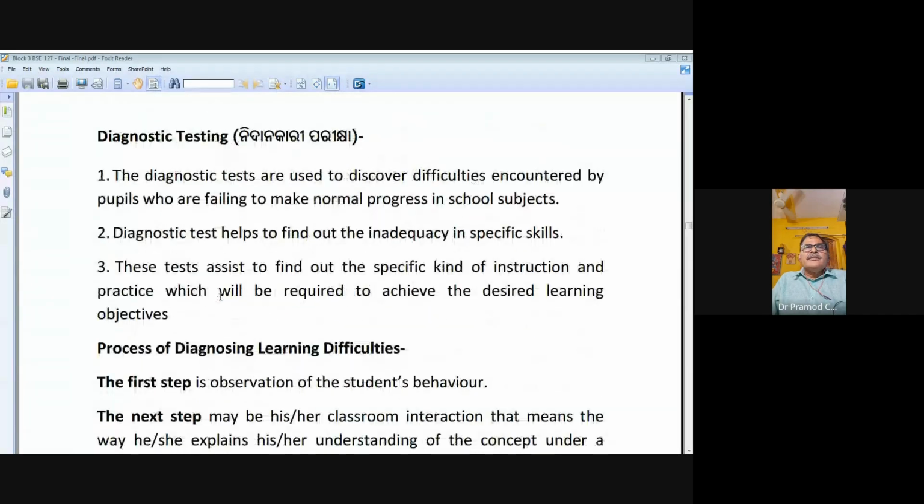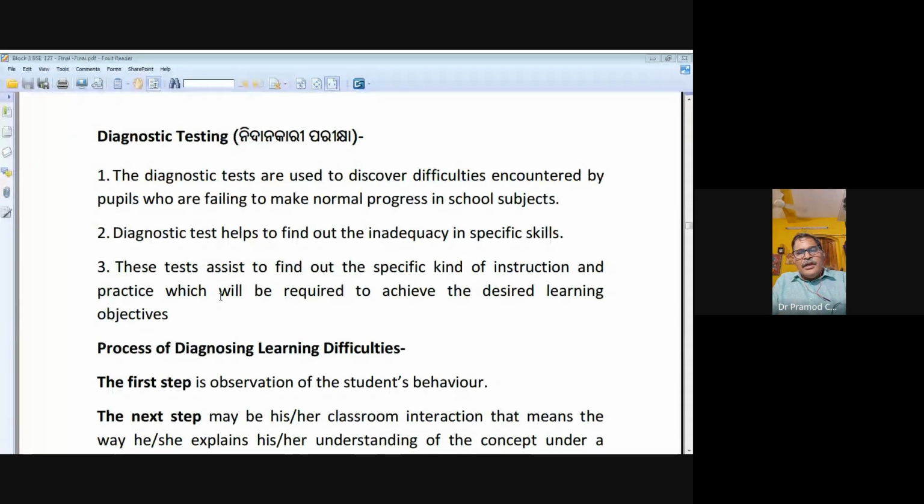Diagnostic evaluation, you know, discovers the difficulties encountered by the student or learner in normal progress in the school subject. It is also to find out the inadequacy in specific skills, meaning the difficulties. He is not able to read properly, that is one type of skill.